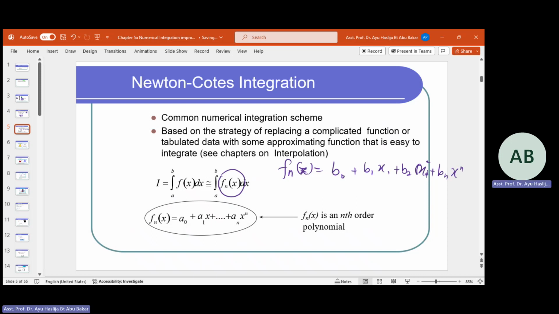So this kind of function is what you will be using to find the area under the curve. Now a here refers to the b naught last time. Doesn't matter what letter they use, the meaning is the same. A naught or b naught, b1 up to bn.